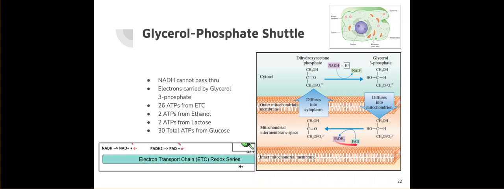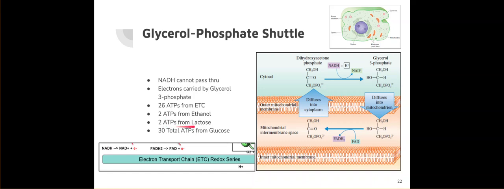So we're getting those electrons out through this process, and then we're going to get 26 ATPs from the electron transport chain. That's through the Krebs cycle. We will get 2 ATPs from ethanol. So there's where the ethanol ends up, giving us more energy.